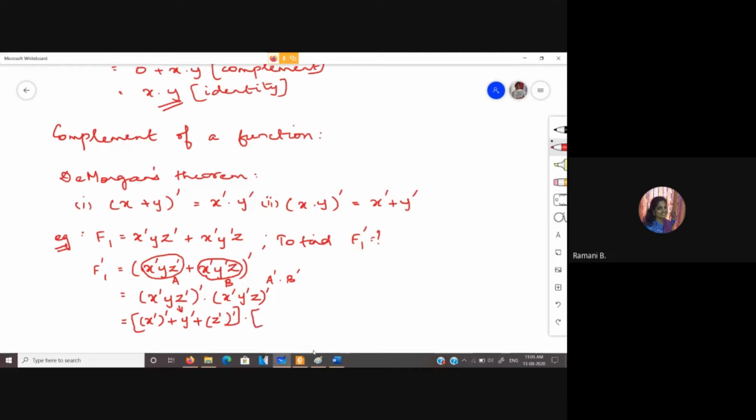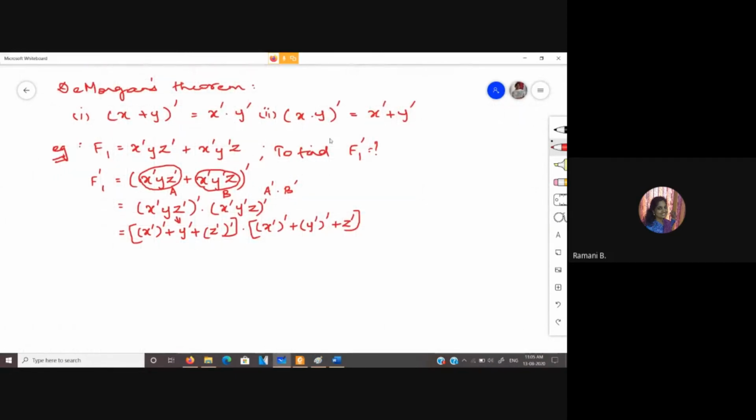And for the second term, x bar the whole bar plus y bar the whole bar plus z bar. Okay, va? We have applied the second De Morgan's theorem for this. Now this can be written as, so we saw a theorem where x bar the whole bar is giving you x as such. So this term is x, this is y bar, then similar way z bar the whole bar will give me z.